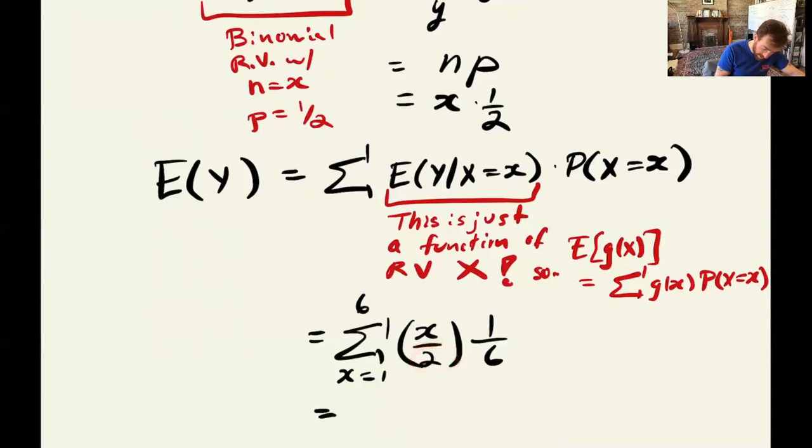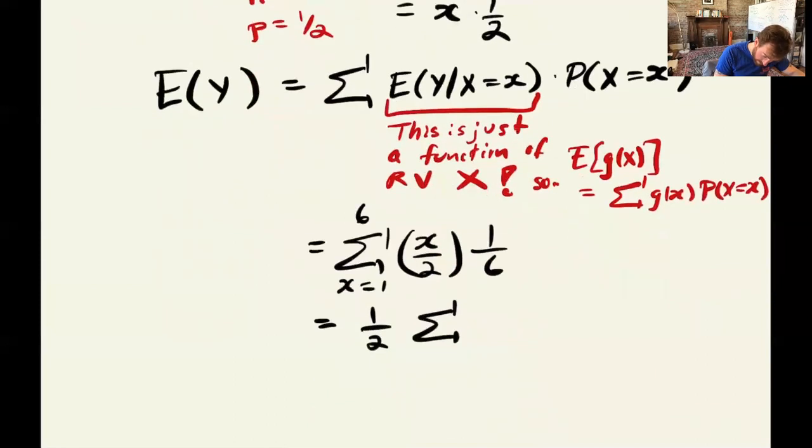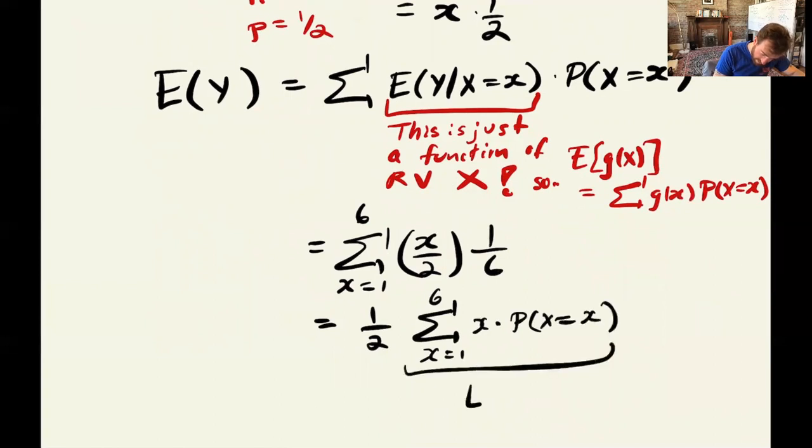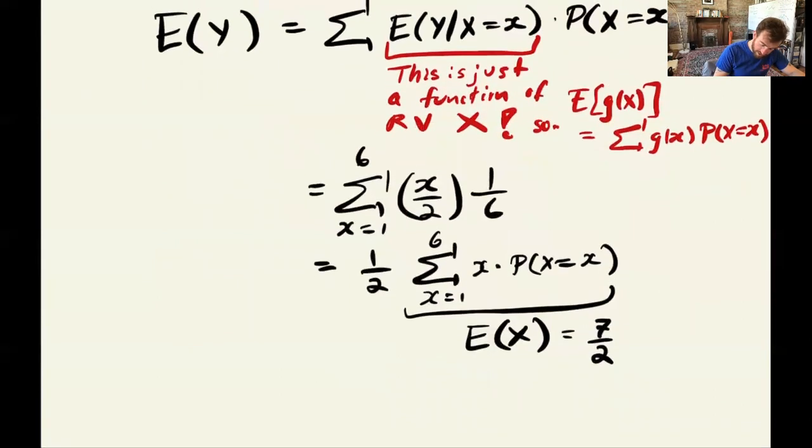So let me pull that out. So there's 1/2 times the sum of x equals 1 to 6 of x times the probability that x equals little x. And this ends up equaling the expectation of x, which we know for a dice roll is 7/2, which is 3.5. And so I now have 7/4 as the answer for the expectation of y.